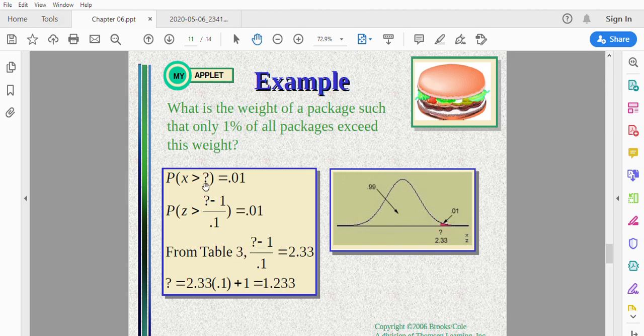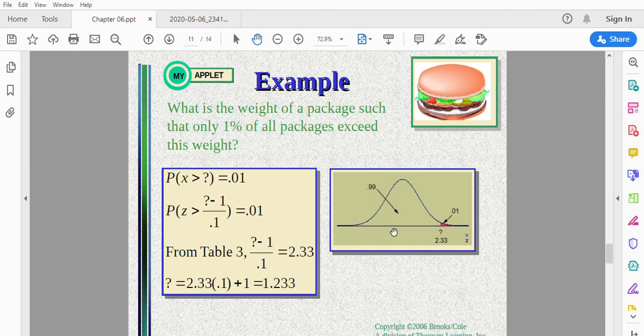Actually here they have already given the mean as 1 and the sigma as 0.1, so we want to find the x value. From the probability given, 0.01 is greater, because they say the weight of the package is such that 0.01 will exceed this weight. So exceed, not below.